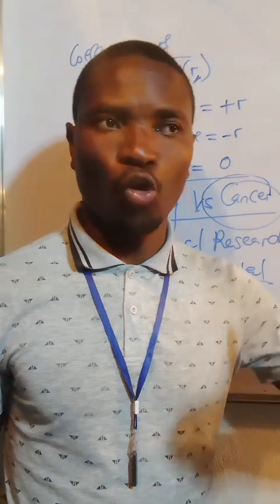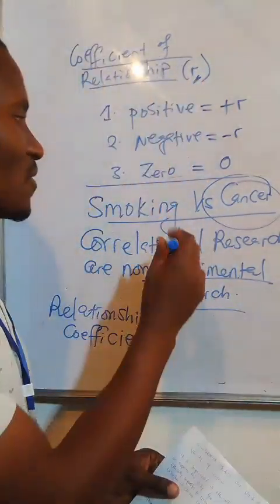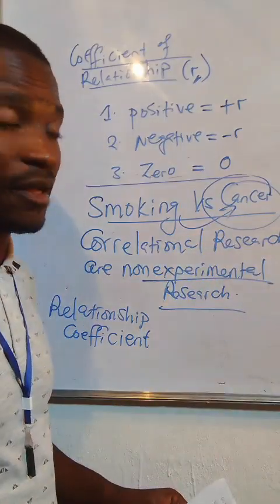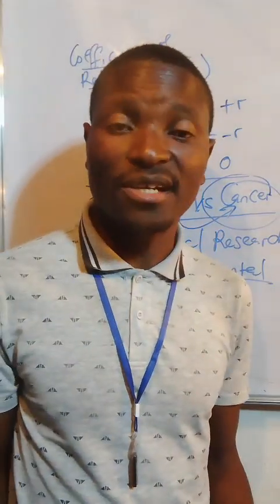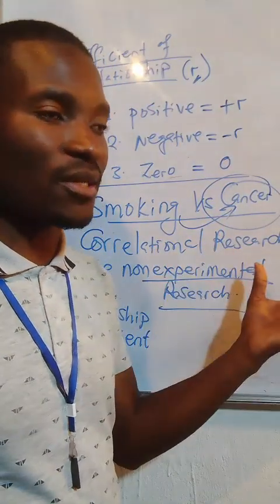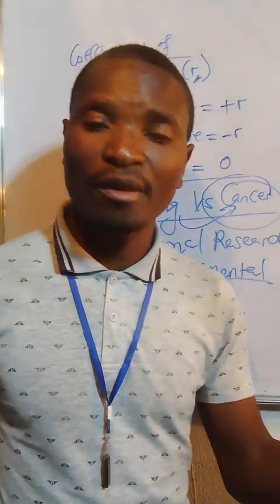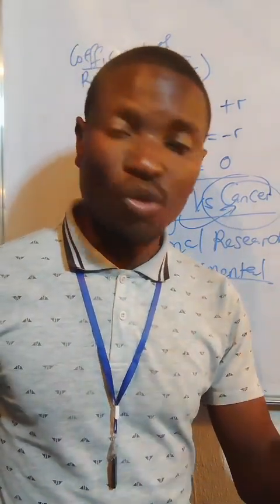But for people in their old age, maybe 50 or 60 years, you may find that age is something that is causing the cancer. It is not just the smoking itself, okay. So the level of smoking, how long somebody has been smoking, coupled with how old somebody is, may influence cancer, okay.